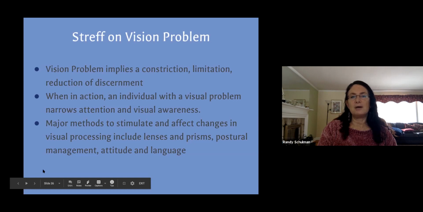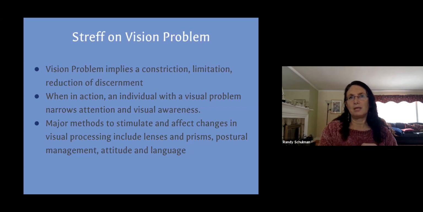He also talks about how a visual problem will create a narrowness in attention and visual awareness, so that you have a constriction or a reduction in the amount of information that you can process and take in. And that's another thing that I think a lot of these kids are experiencing, and adults, they just get really overwhelmed. I hear that a lot from the moms too.